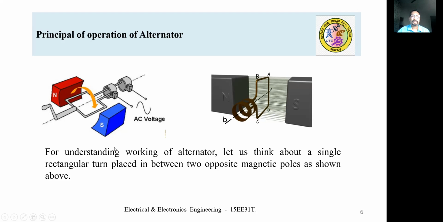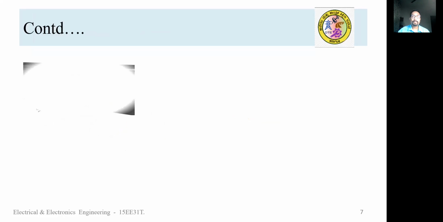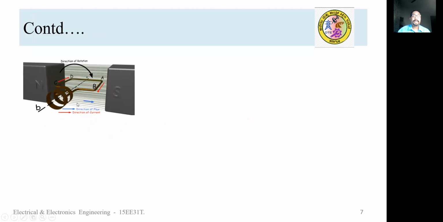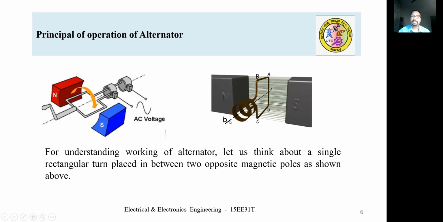That is the explanation we discussed just now, for understanding the working of an alternator. Let us think about a single rectangular turn placed between two opposite magnetic poles as shown above. This single rectangular coil is made to rotate in clockwise direction in a uniform magnetic field.